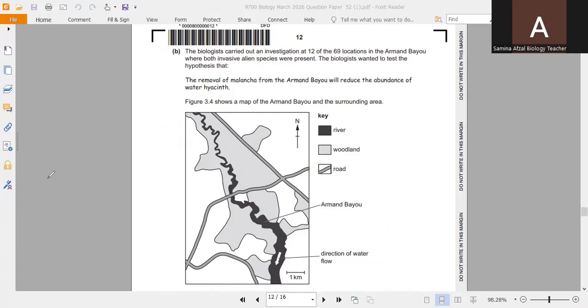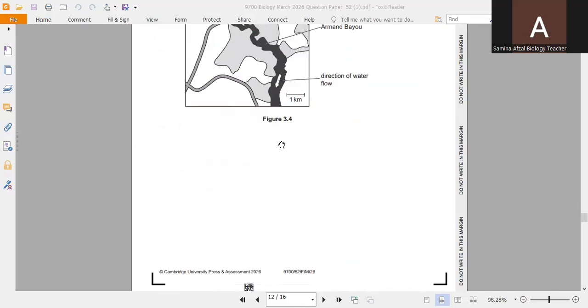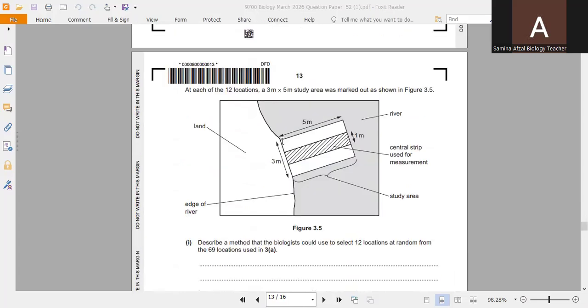The figure shows a map of the Arman Bihu and the surrounding area. You can closely observe figure 3.4, and you can see figure 3.5 is there. At each of the 12 locations, a 3 m by 5 m study area was marked out as shown in figure 3.5. You can see the area which has been marked over here.